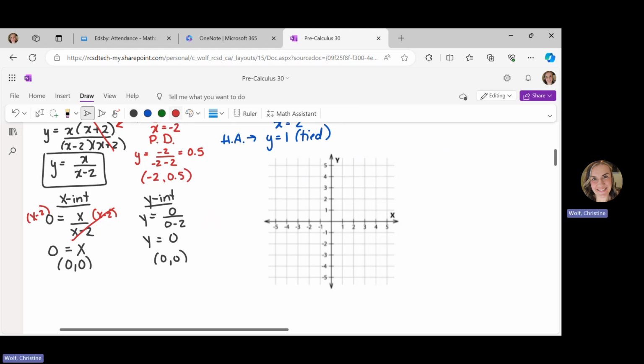So the first thing I'm going to do is draw my asymptotes in. I have a vertical asymptote at x equals 2. I have a horizontal asymptote at y equals 1.